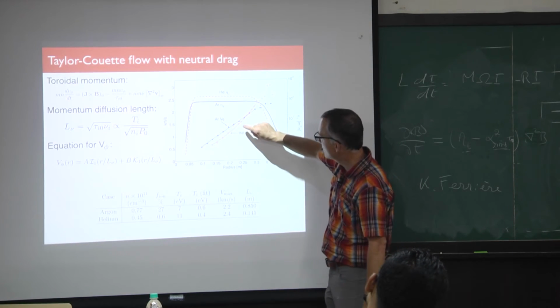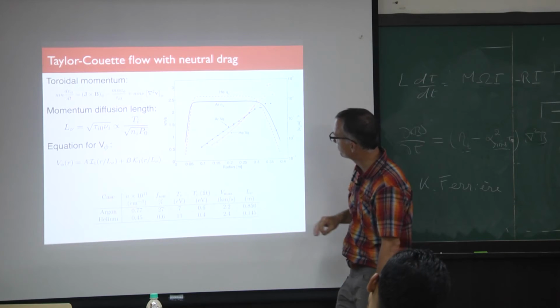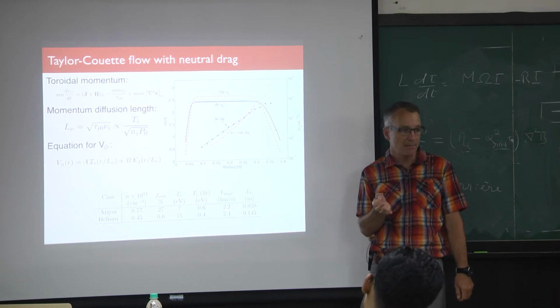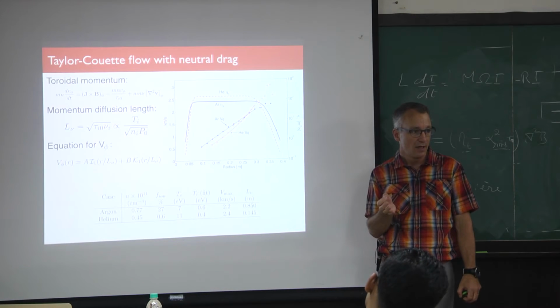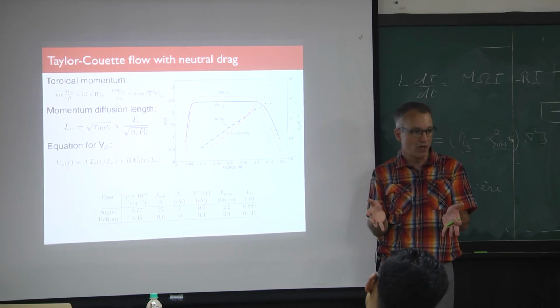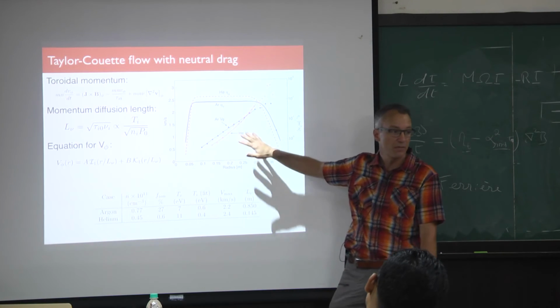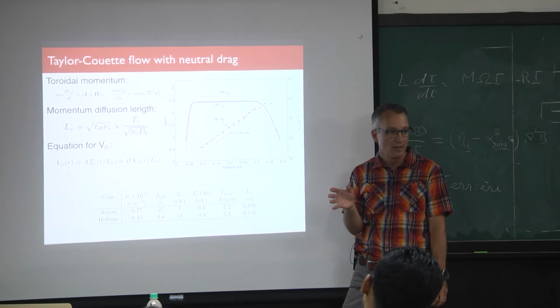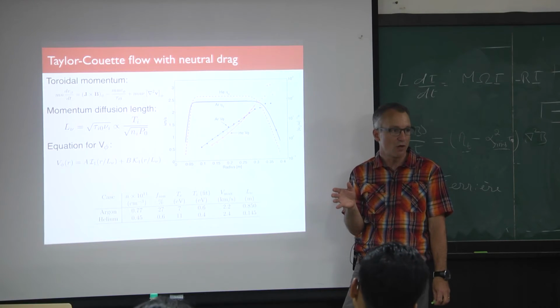Okay? And so one of the things that we've learned from this experiment is that partially ionized plasmas are not particularly good because they represent a drag term that causes the velocity to be something other than the simple Navier-Stokes equation that we were using to solve for the flows.